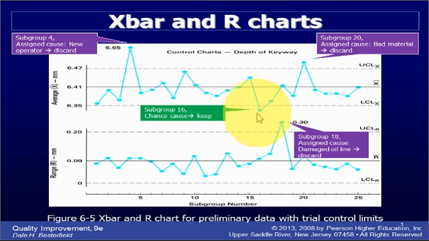And this point falls below the lower control limit, but there are no comments for this subgroup 16. So subgroup 16 is expected to be natural production variation, so it should have been within the control limits, but due to some chance cause, it fell a little bit lower than the lower control limit.